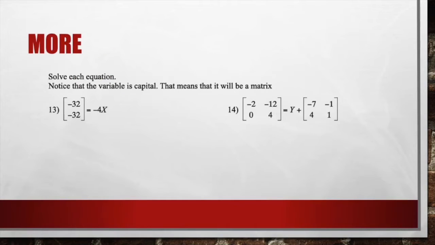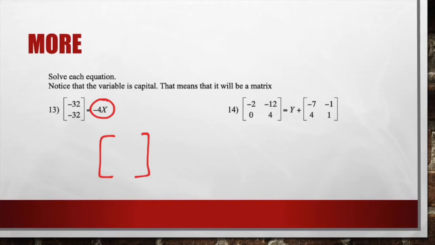Let's do this one. I've got the instructions up here. Solve the equation. Notice that the variable is capital. That means that it's a matrix. So right in here, this X that we're looking for is a capital X. So we're looking for a matrix. We have a matrix, and if we multiply it by negative 4 we get this one.